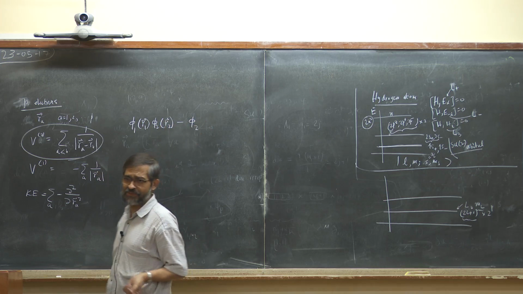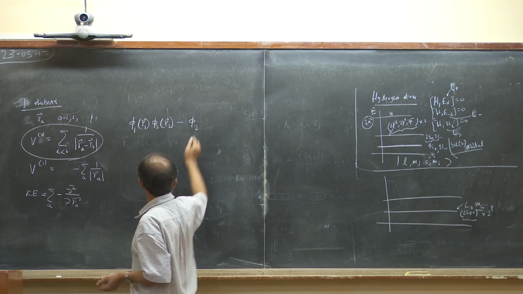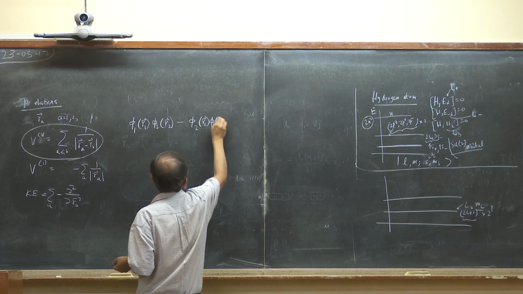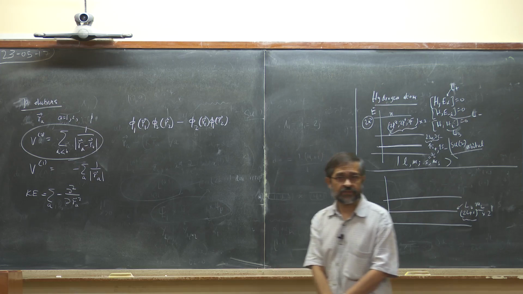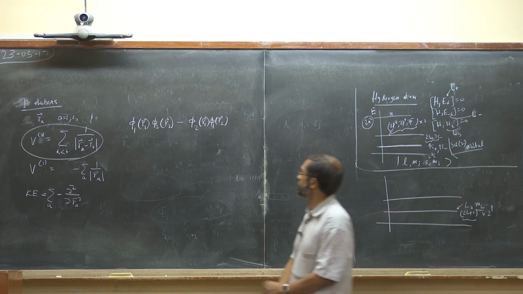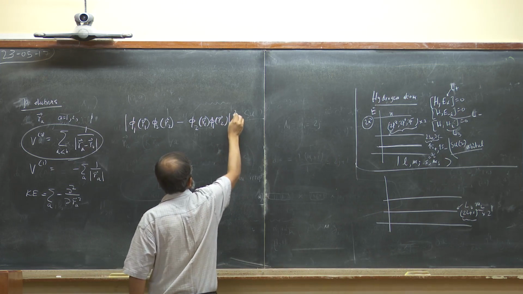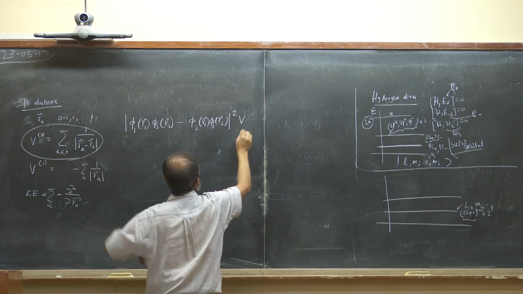I think everybody knows this exchange interaction or not. Okay, let me just say it. This is how the wave functions look, and let us say that I have some two-body interaction like that.